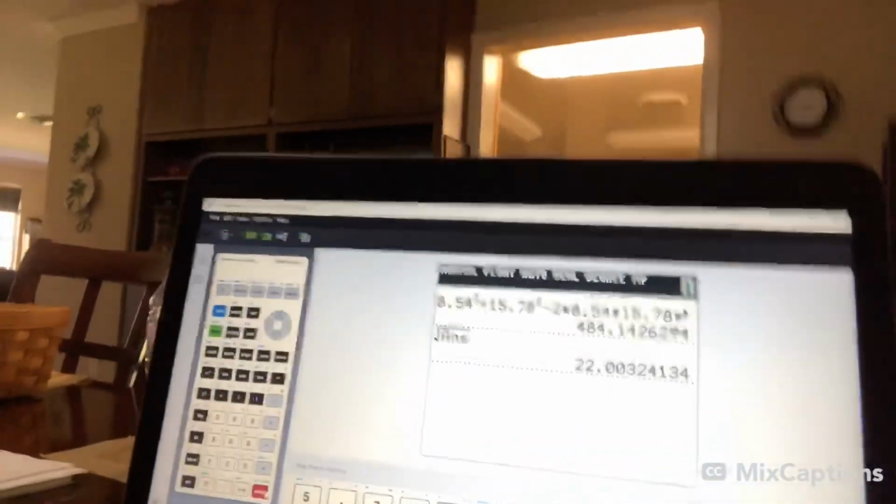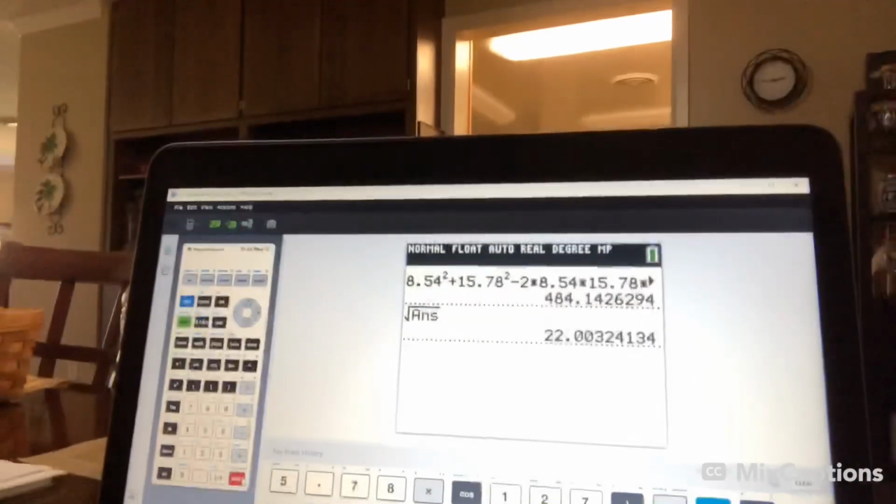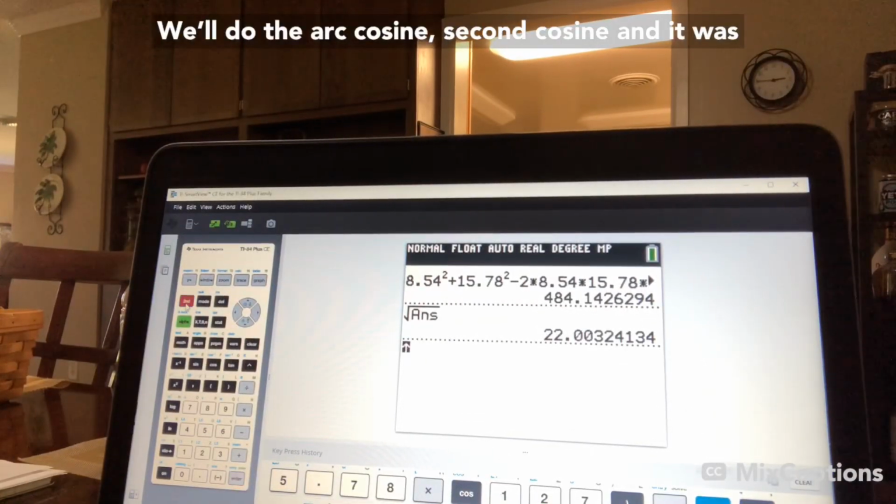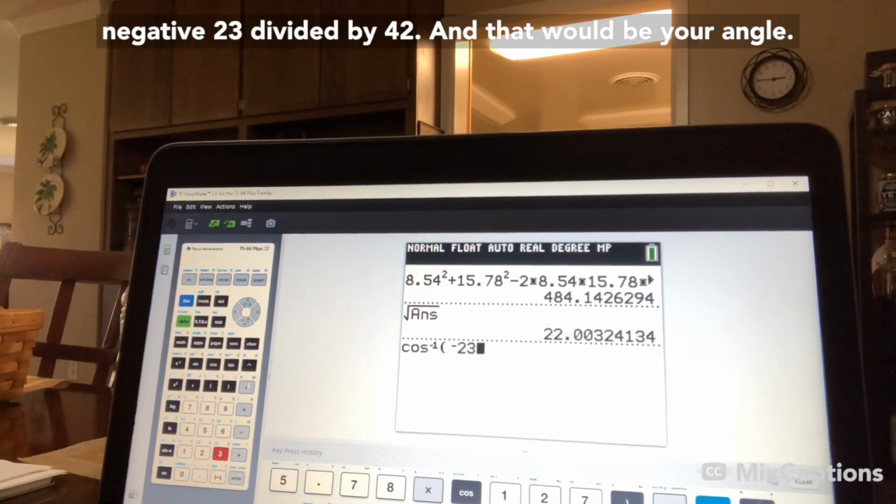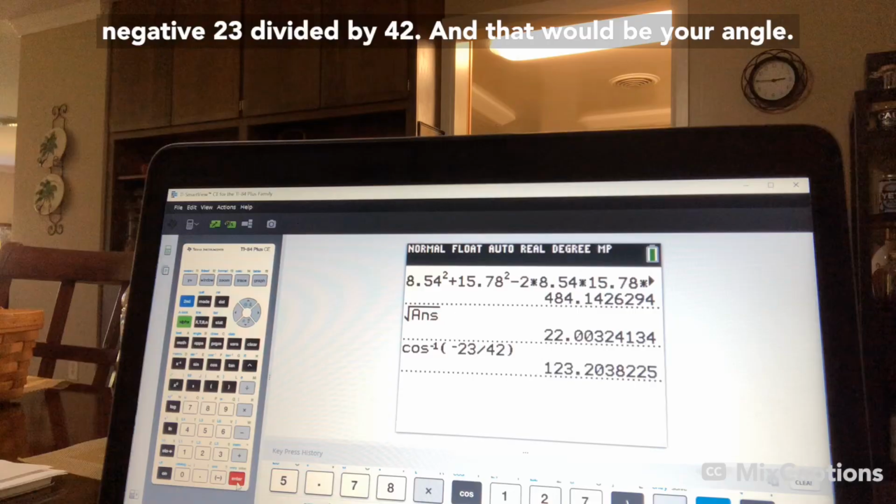Okay, so back over here. I will do the arc cosine, second cosine, and it was negative 23 divided by 42. And that would be your angle.